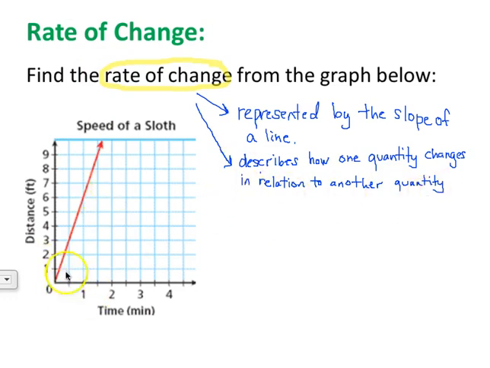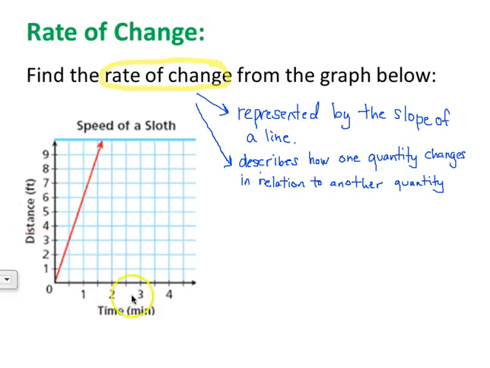So let's take a look at this graph here. It is representing the speed of a sloth. So speed, remember, we compare the distance something travels to time. That's what speed is, comparing distance to time. So rate of change, we just said, describes how one quantity changes in relation to another quantity.